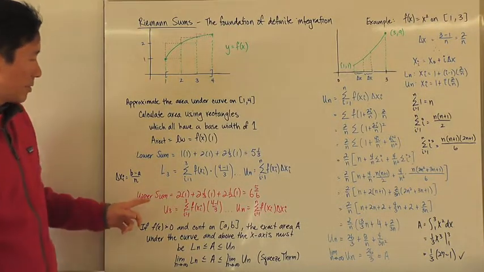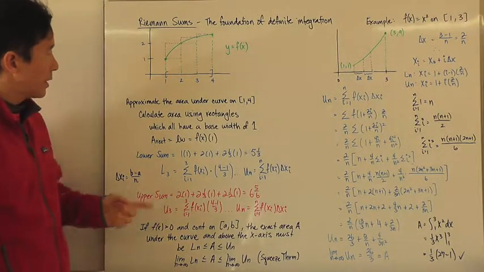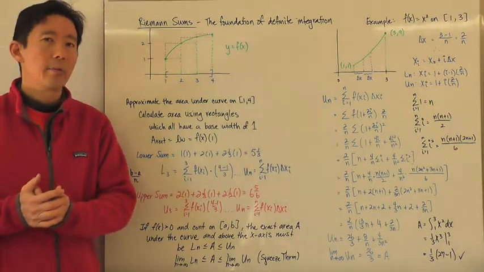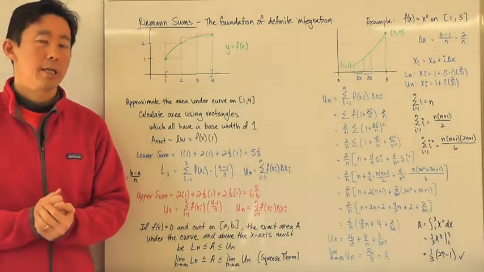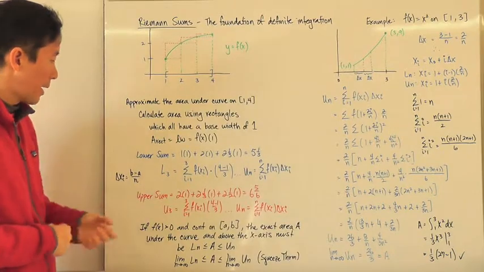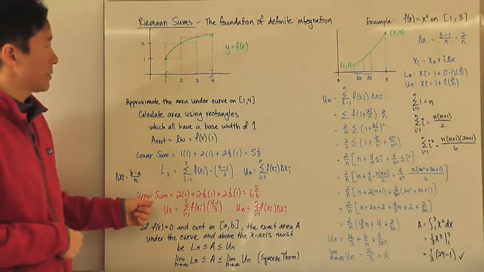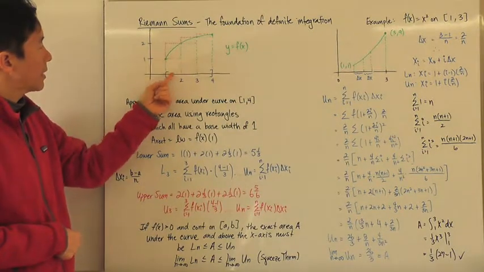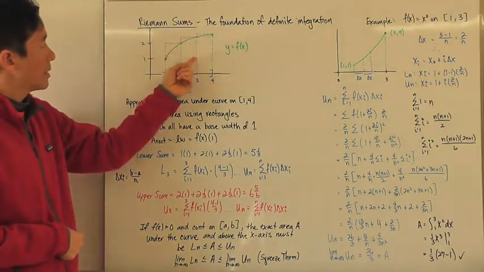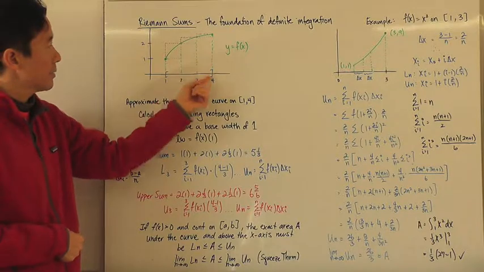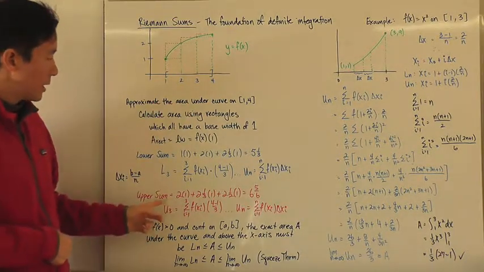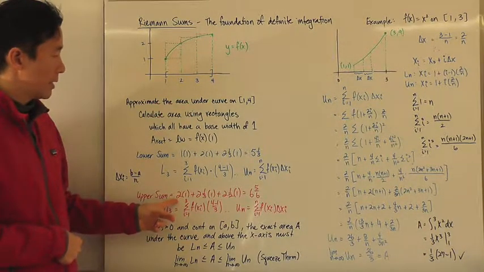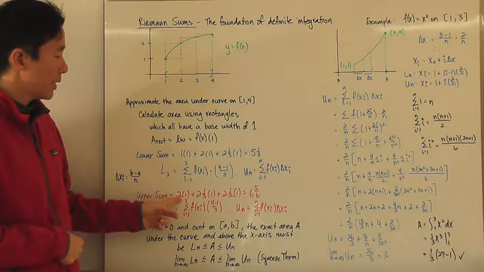Now, I'm also going to take a look at the upper sum. The upper sum, as it implies, is going to be larger than the exact area. I'm going to use the red rectangles in this case. This rectangle over here is that rectangle, and that rectangle.